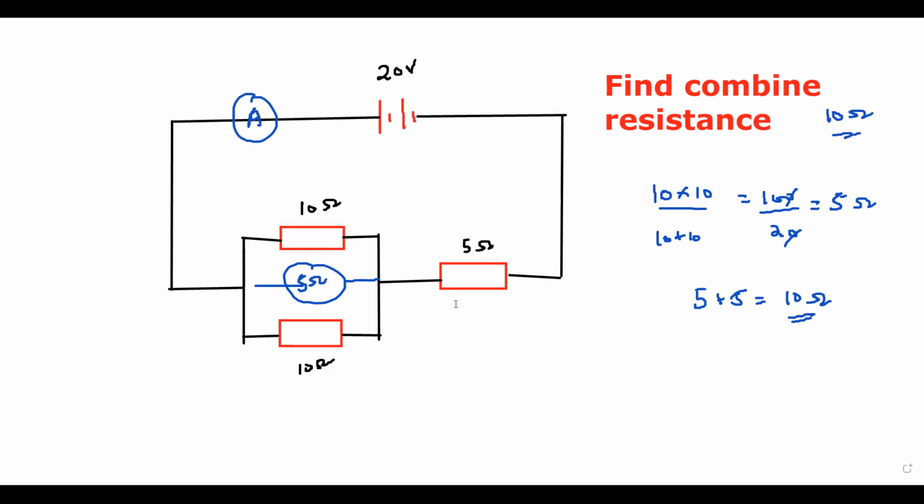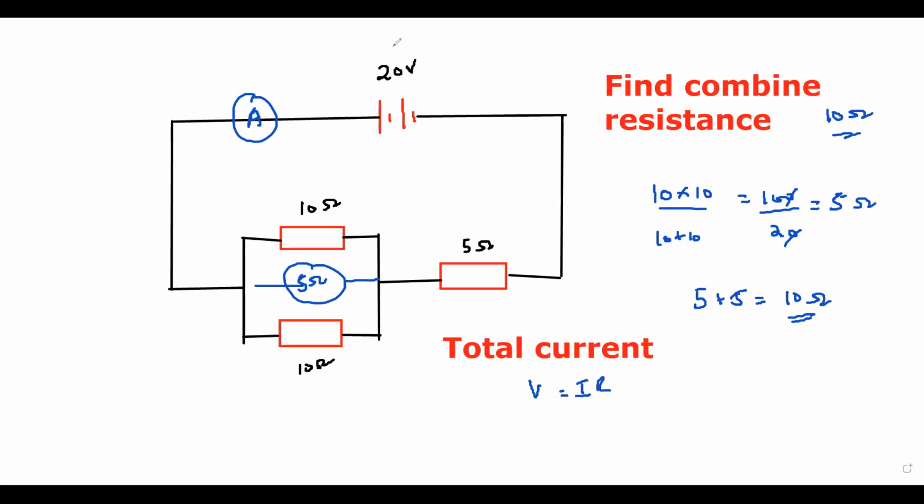Then if we want to find the total current in the circuit, we should know the total voltage and we should know the total resistance. So we have the formula V equals IR.